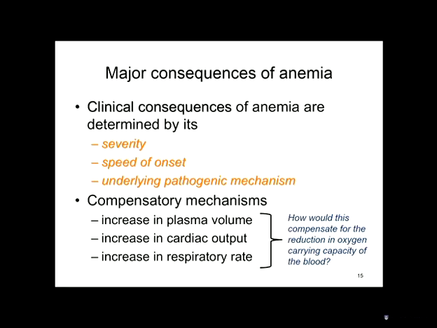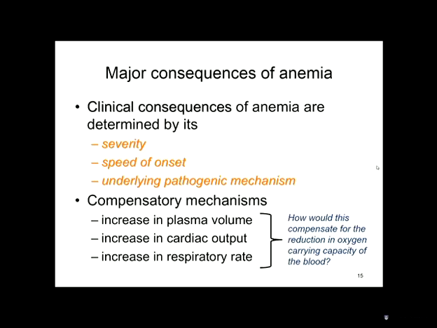All right, and of course, we can't forget that anemia means problems for a lot of different tissues. Of course, tissues that turn over faster are going to suffer more. So epithelial surfaces suffer a lot. Bone marrow suffers. Brain suffers to some extent. So reduced oxygen carrying capacity of the blood will have a more severe effect on some tissues than others.